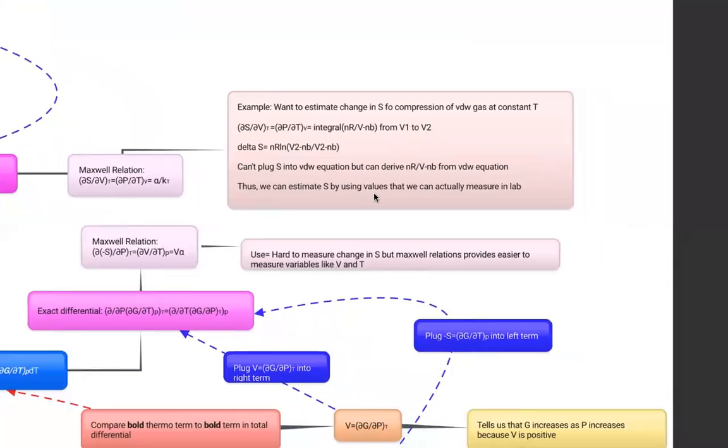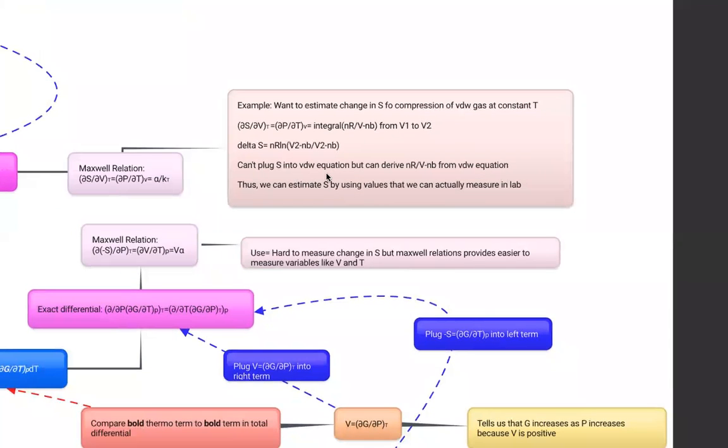So even though we can't plug entropy into the van der Waals equation, we can use the Maxwell relation and think about it through different variables that we can actually measure in a lab, which is so valuable for anyone that wants to learn more about a thermodynamic system through lab practice in a practical way.